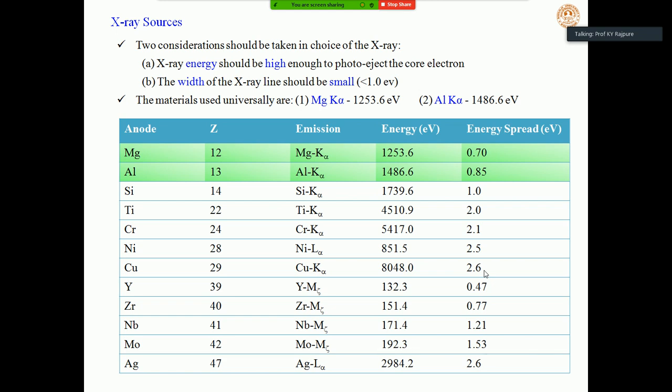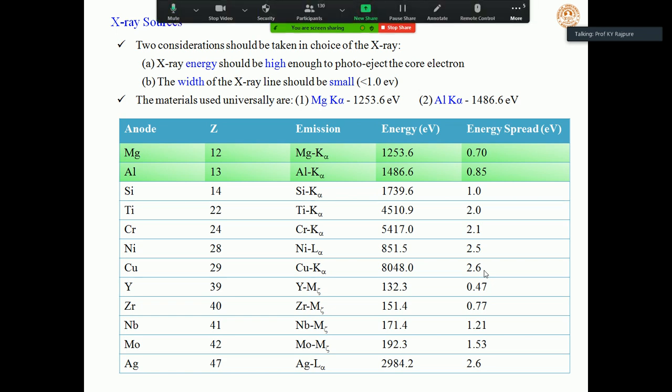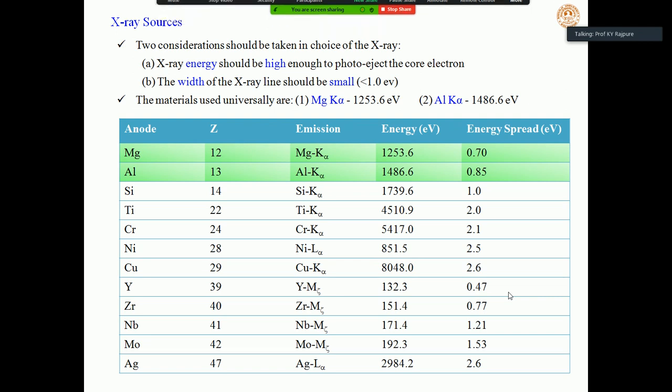We know that when high energy electrons are suddenly stopped by a target, then according to the law of electrodynamics, any decelerated charged particle emits radiation. Depending on the energy of the decelerated electron, the energy of these radiations is in the range of X-rays. So bremsstrahlung or white X-rays are produced.